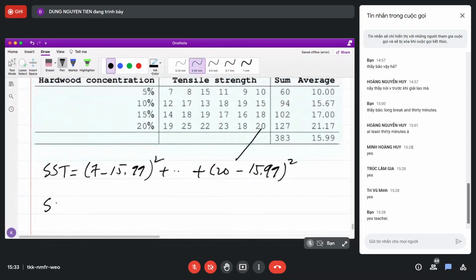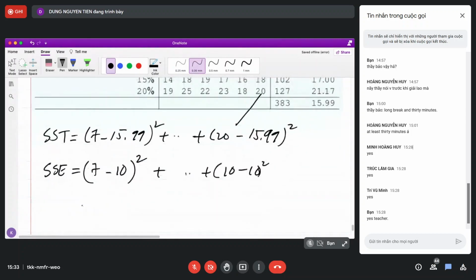How about the SSE? In this case, it is the deviations around the mean of each group. So for the first group, it's (7 minus 10) squared plus (10 minus 10) squared, and so on.